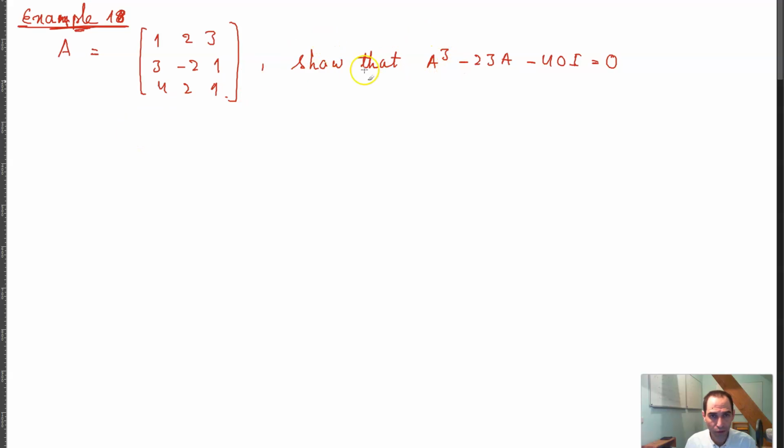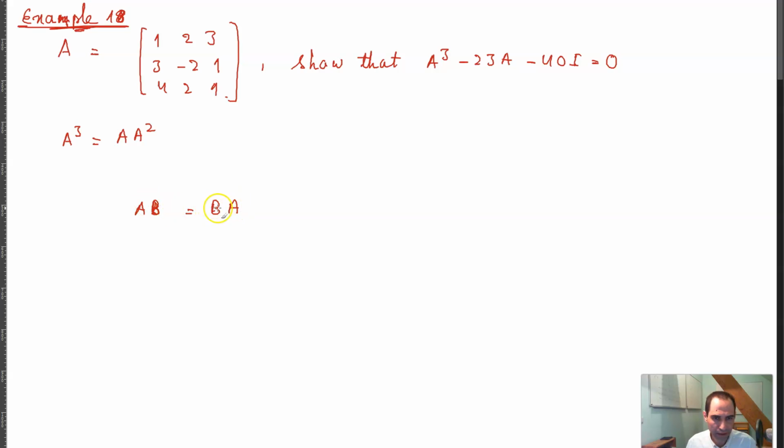Now to calculate A cubed, you know that A cubed is the same thing as A times A squared. Of course, you know that matrix multiplication is not necessarily commutative, meaning that if you write, for example, A times B, and AB and BA are both defined, they're not necessarily the same.